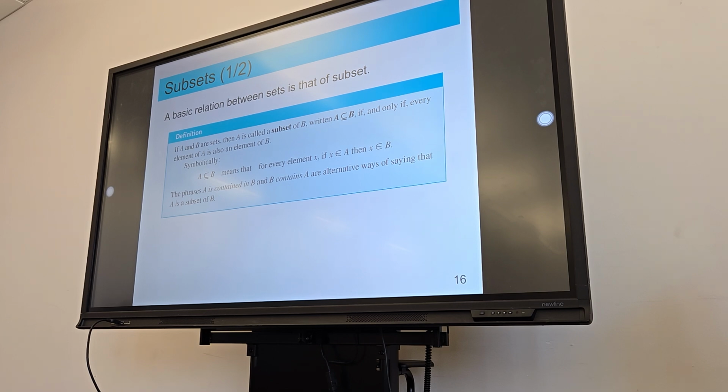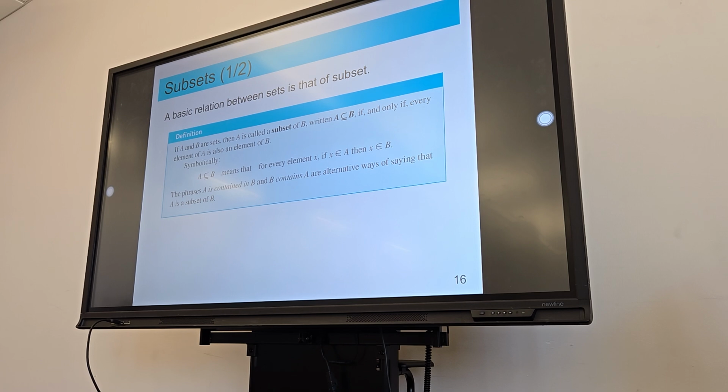If A and B are sets, A is called a subset of B, written with that symbol, if and only if every element of A is also an element of B. Symbolically, A is a subset of B means that for every element X, if X is an element of A, then X is an element of B. The phrases "is contained in" and "contains" are also alternate ways of saying that A is a subset of B. So that's the formal definition of a subset.